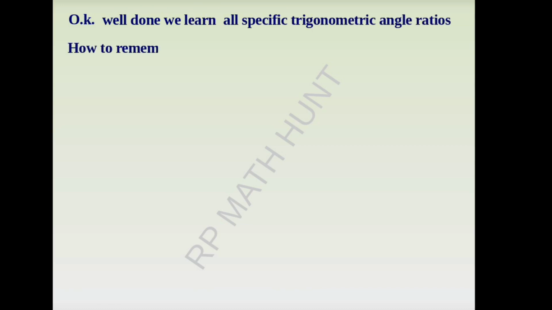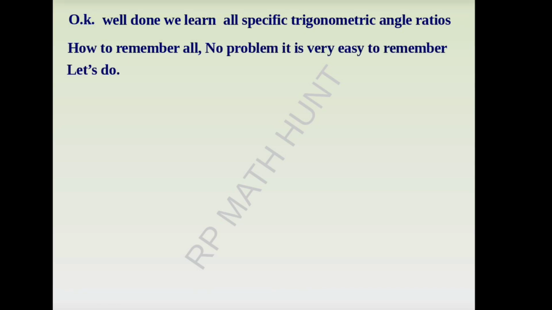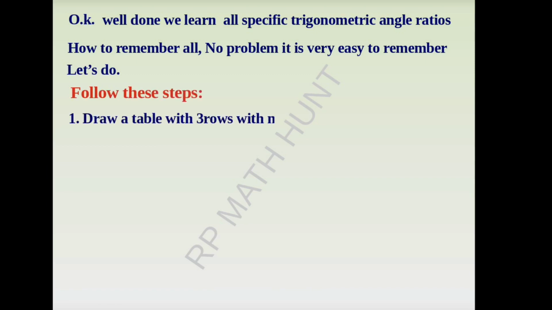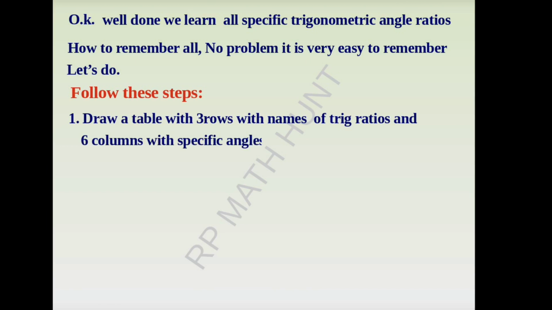Then we learned all specific trigonometric angle ratios. How to remember all? No problem, it is very easy to remember. Let's do it. Follow these steps. Draw a table with 3 rows with names of trigonometric ratios and 6 columns with specific angles 0, 30, 45, 60, 90.